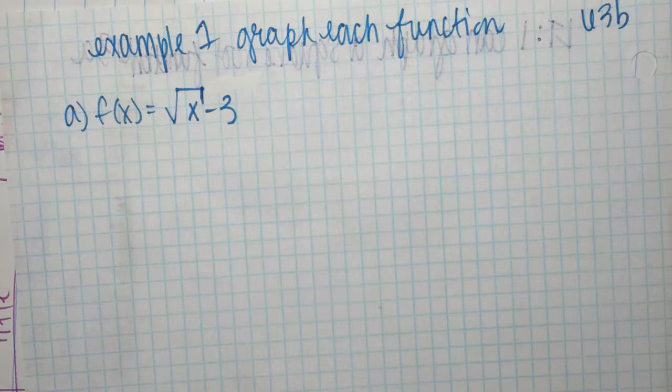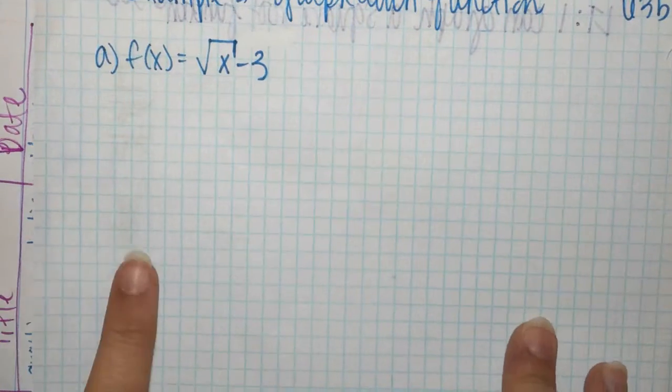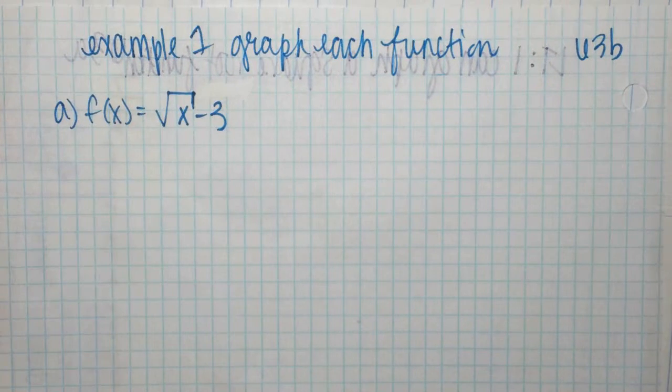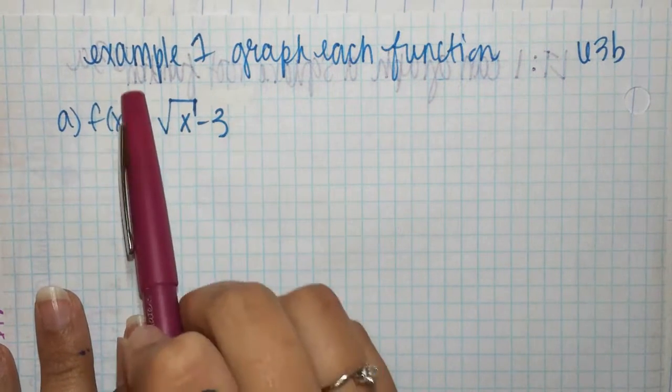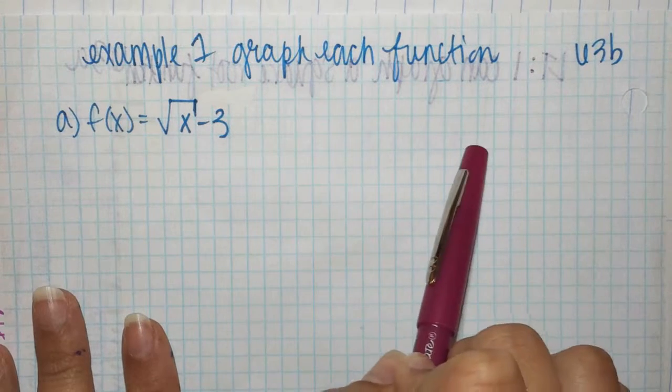Alright, so we're still going to plug in perfect squares. But what do you think that minus 3 is going to do to our graph? Shift down. We're going to subtract 3, so it's going to shift down how many units? 3. Now, this is still a positive, this number out here, so it's still going to go up.